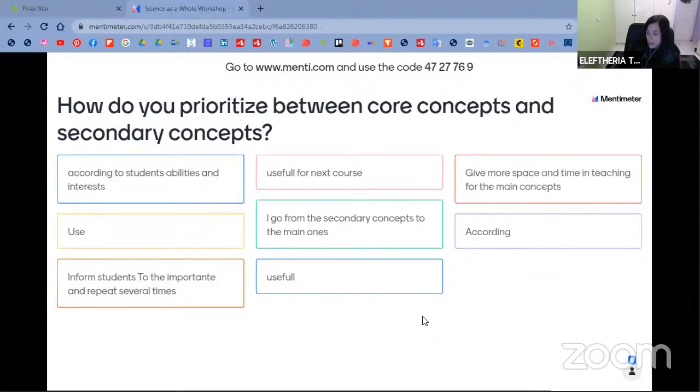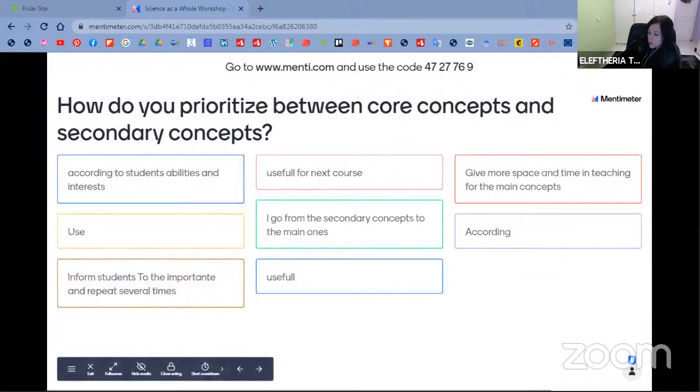According to students' abilities and interests, I'm not sure what our participant meant here, because the core concepts are core concepts regardless of the abilities of the students and their interests. Well, they are core concepts whether we like it or not. But I would assume you mean that you tackle them differently, focusing more on students' interest based, maybe, or their needs.